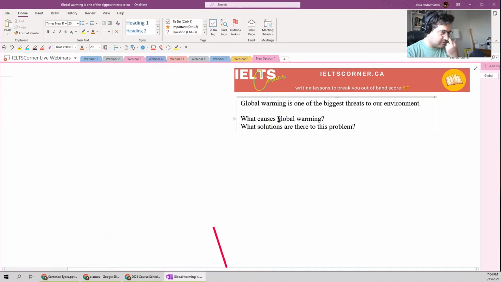So the fact is a problem, which is global warming, and then it asks for causes, and then it asks you to provide solutions. So planning these types of essays is very straightforward because in one paragraph you talk about the first question and you answer that, and in another paragraph you talk about the second question, and then you conclude.